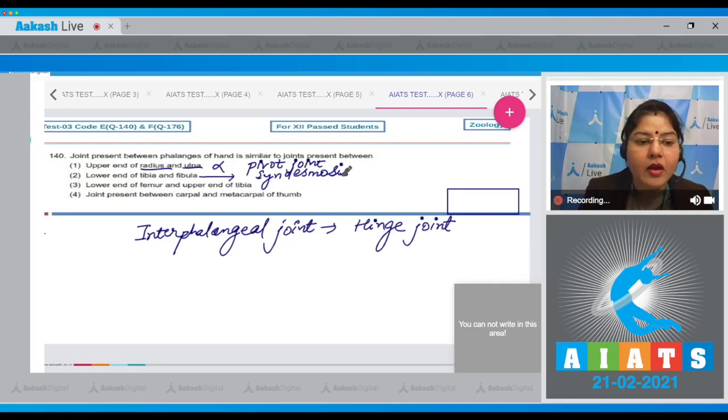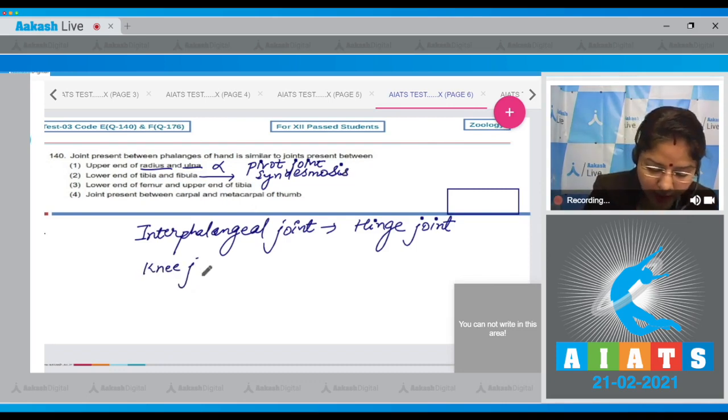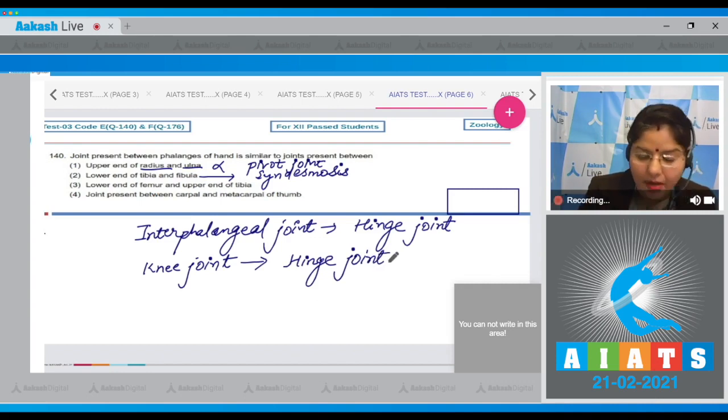Option number 3, lower end of femur and upper end of tibia, that is the knee joint. And the knee joint is an example of a hinge joint. In the knee joint, femur, tibia, and patella are involved.